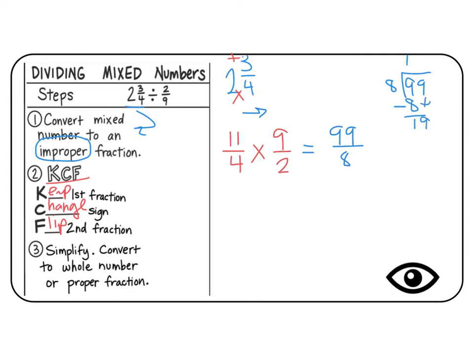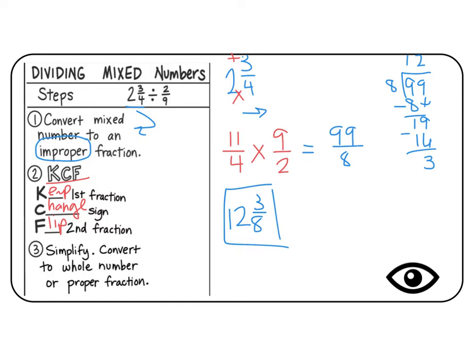Bring down the 9. 8 goes into 19 two times, which is 16. Subtract, we're left over with 3. That means that it goes in 12 whole times with 3 leftovers out of our denominator, which stays the same, 8. So our answer is 12 3/8.